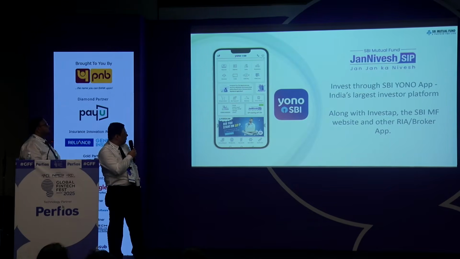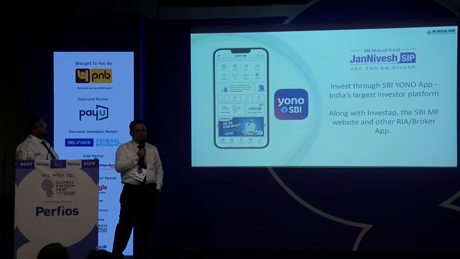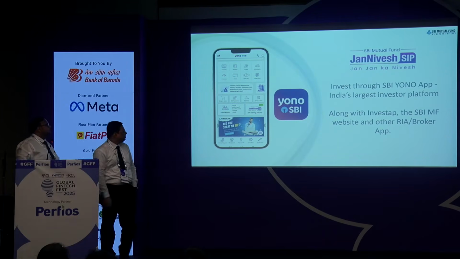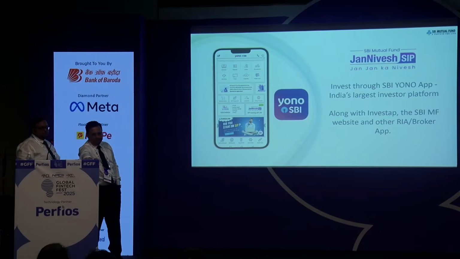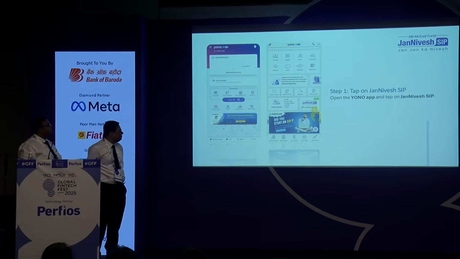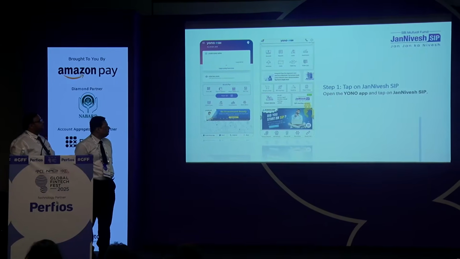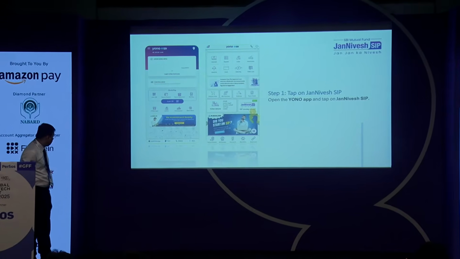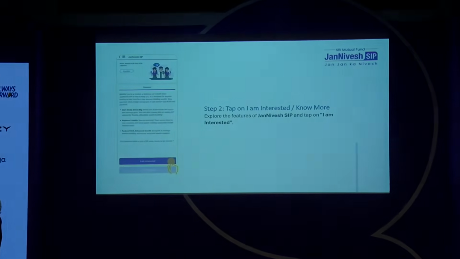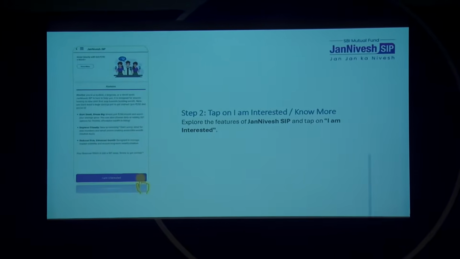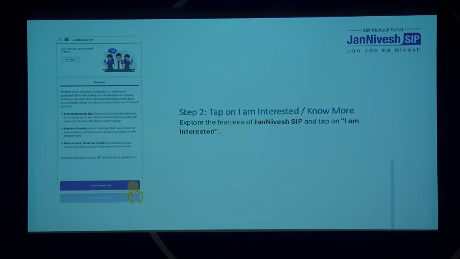Now, we will play a small video to let you know how to avail this product. Investing on the SBI YONO app is simple and hassle-free. Open the app and tap on GFF'25 SIP to explore its features. Once ready, tap I'm interested to proceed.